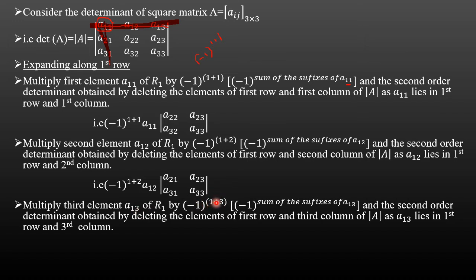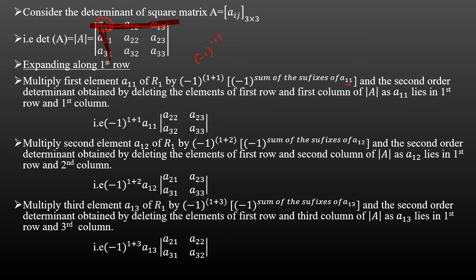And the second order determinant is obtained by deleting the first row and the third column, as a13 lies there. So this is steps 1, 2 and 3 of the expansion.